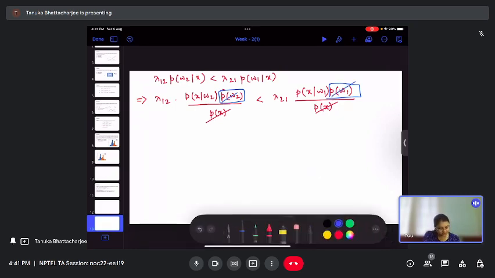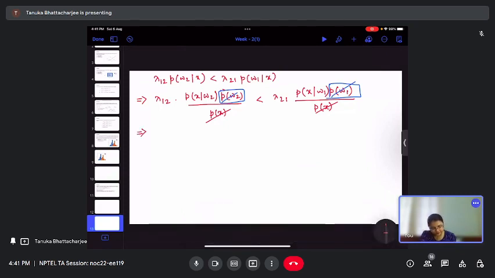So, the remaining expression that we have is lambda 1 2 into probability of x given omega 2, that is the class conditional of class omega 2, should be less than lambda 2 1 into probability of x given omega 1. If this is the case for the feature vector x, then we will classify it as belonging to class omega 1.